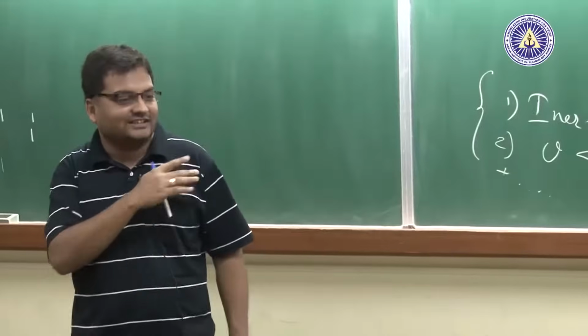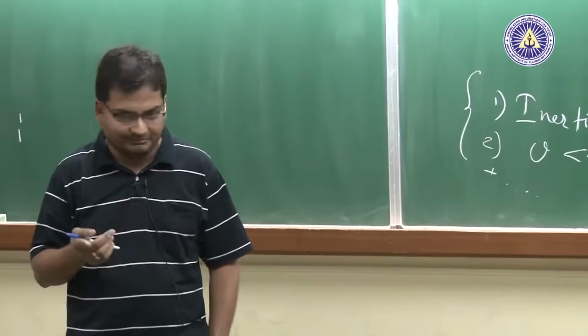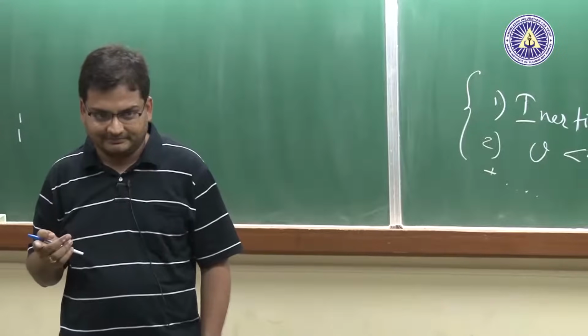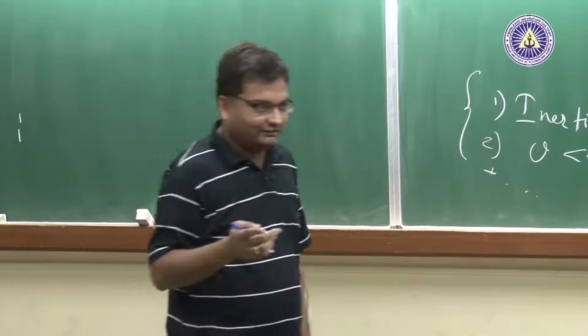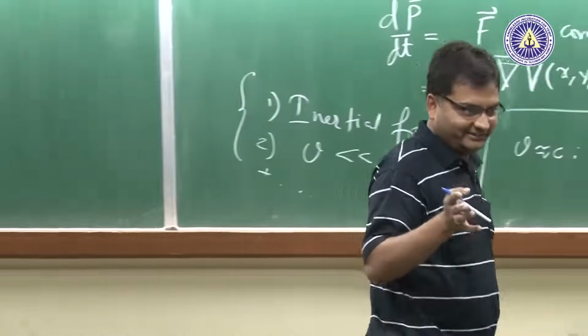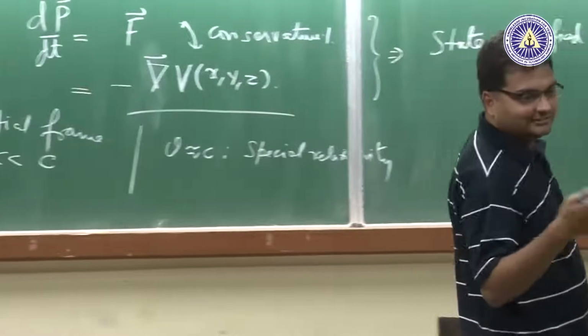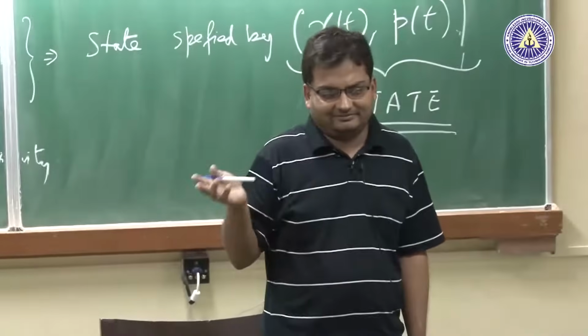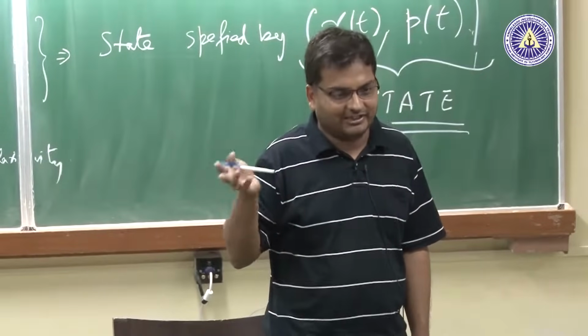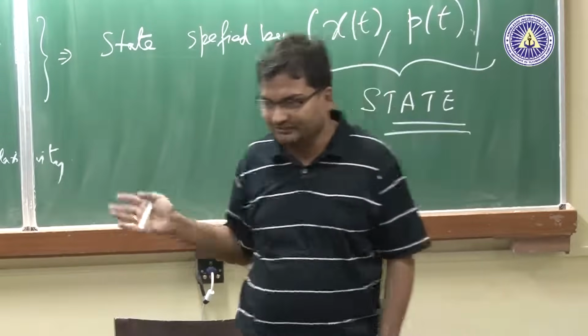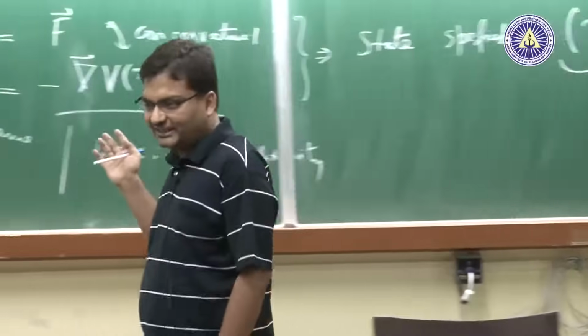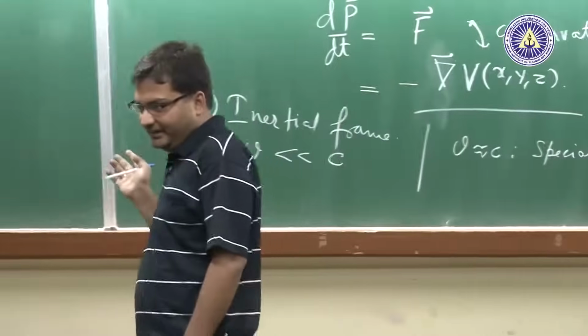So, this is a classical action that Sagar must have defined in the previous classes, and we have absolutely no good feeling for it, except that it gives rise to a lot of good things. For example, the whole of Newton's laws can be derived from the least action principle.